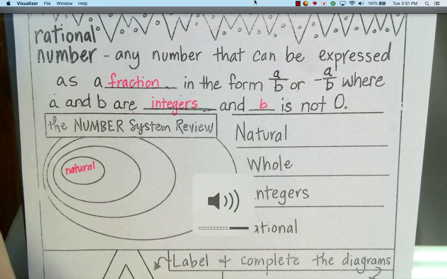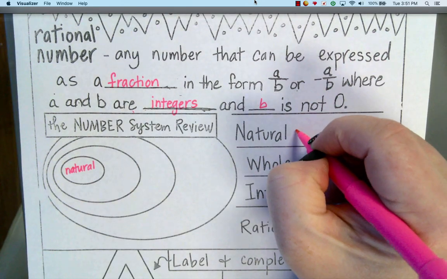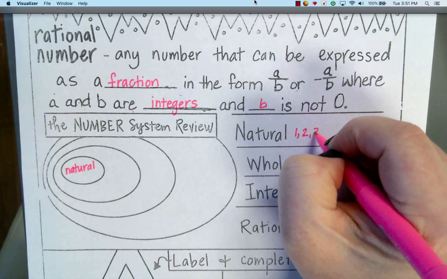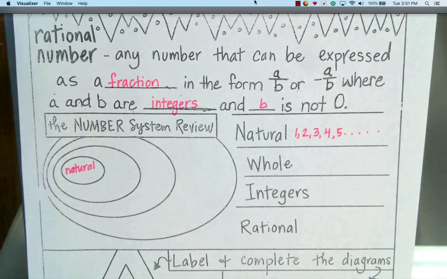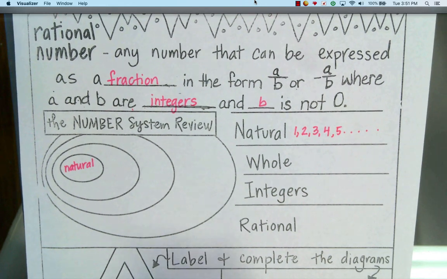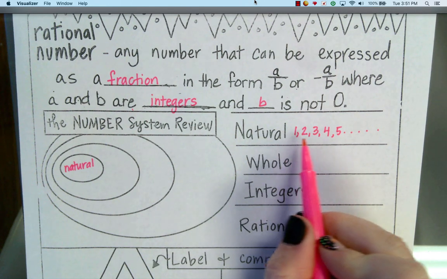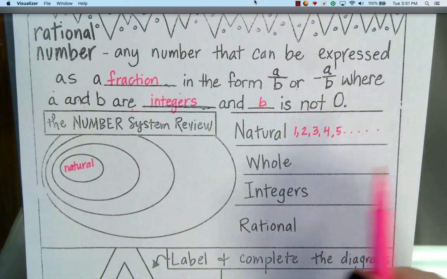So 1, 2, 3, 4, 5, and we continue on. Please notice, natural numbers are whole numbers, starting with 1 and moving on through infinity.